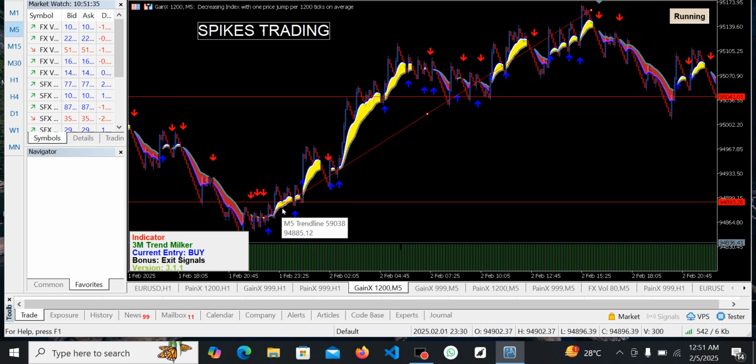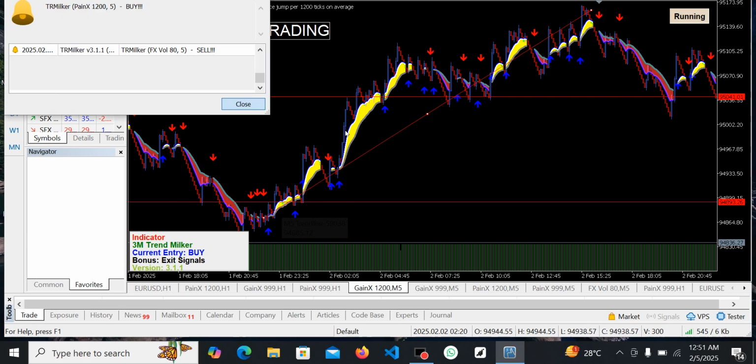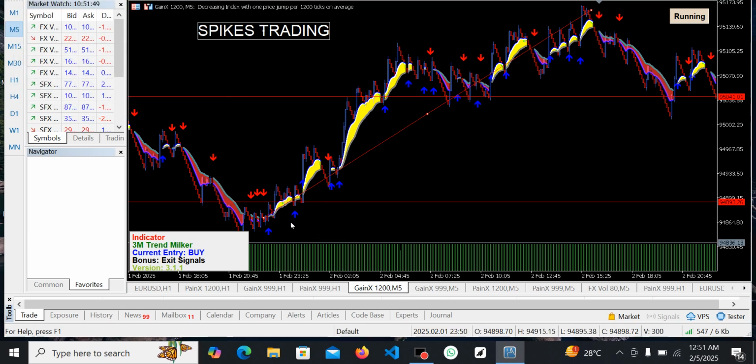You can see the 3M trend milker indicator also gave us a trend signal. You can see the yellow flag, it shows that the market is going back on uptrend, and of course you can also see the buy arrow.